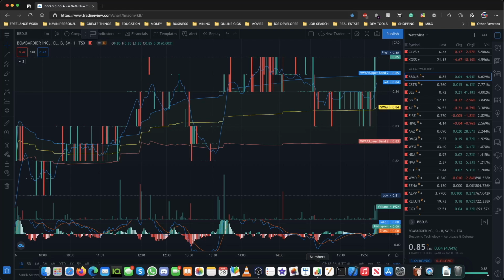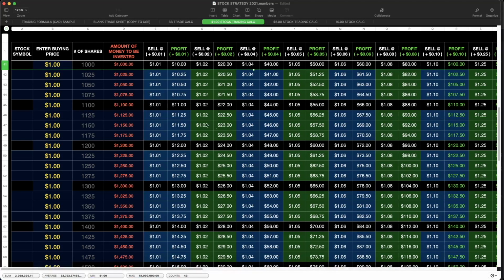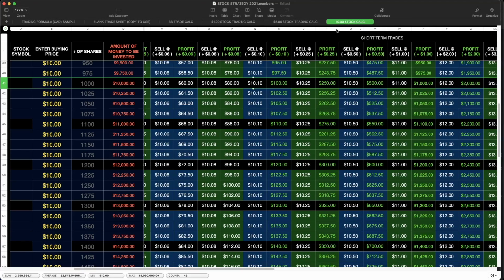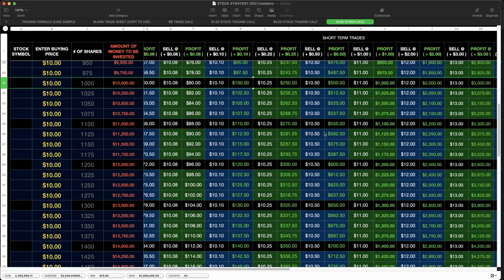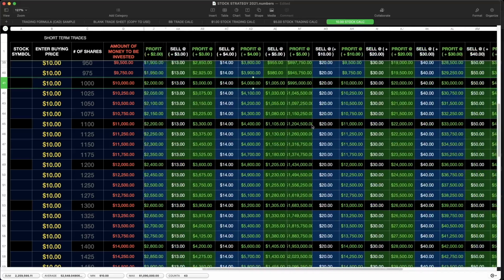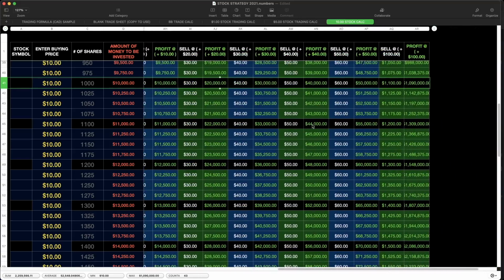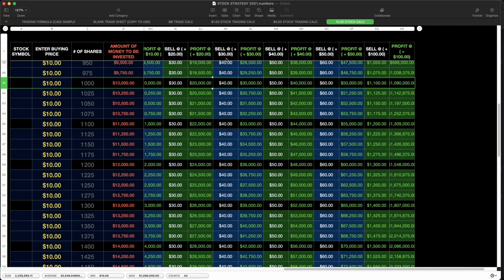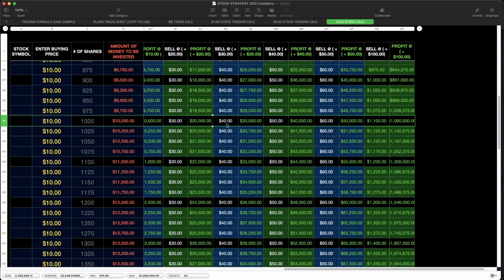The sheet here is just a guide. It works for every single stock, every single scenario. Let's say, for example, you want to do AMC. The chart will tell you how much money you're going to make depending on how much that stock has gained, how much it went up. If it went up by $30, you make $30,000 profit, right?